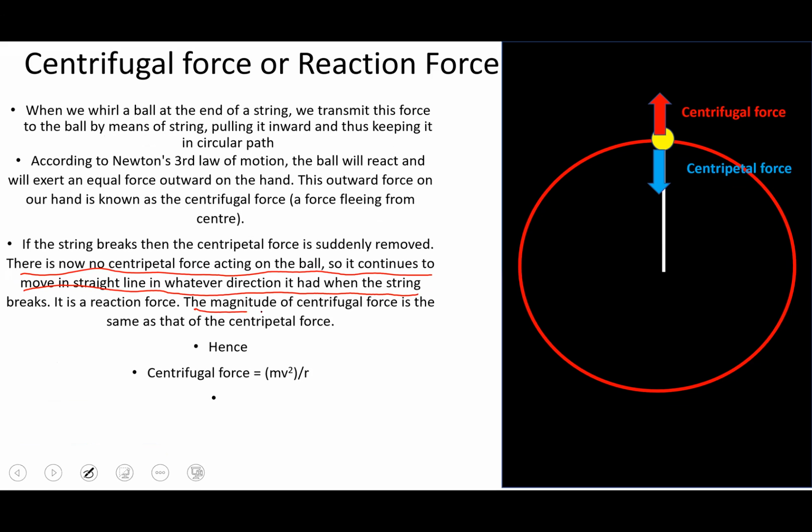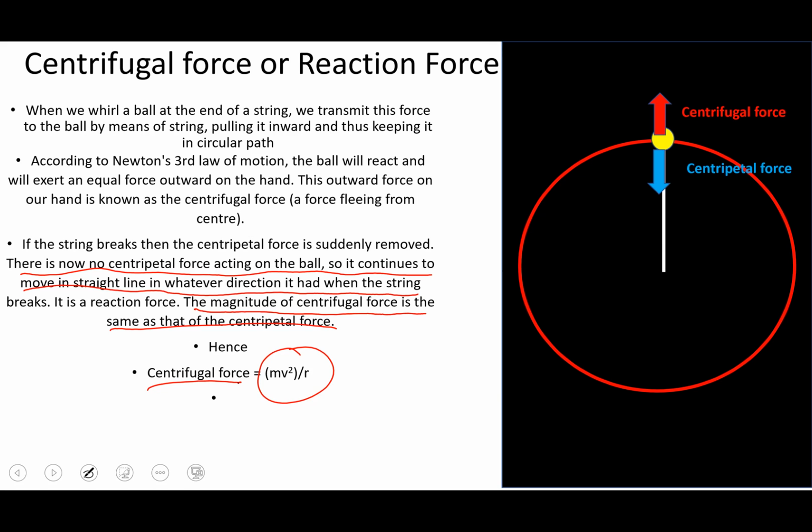The magnitude of the centrifugal force is the same as that of the centripetal force, but in opposite direction. So there is no negative sign with the centrifugal force, but the magnitude is the same, mv square over r. But if we put the negative sign over here, that means it is towards the inward of the circle, and it is centripetal force then.